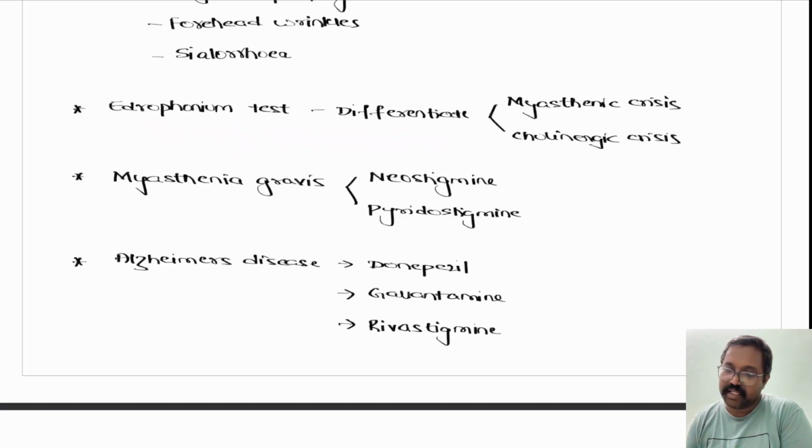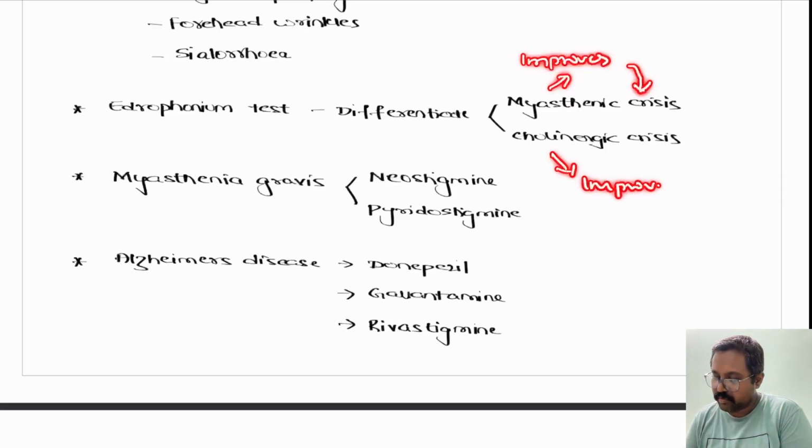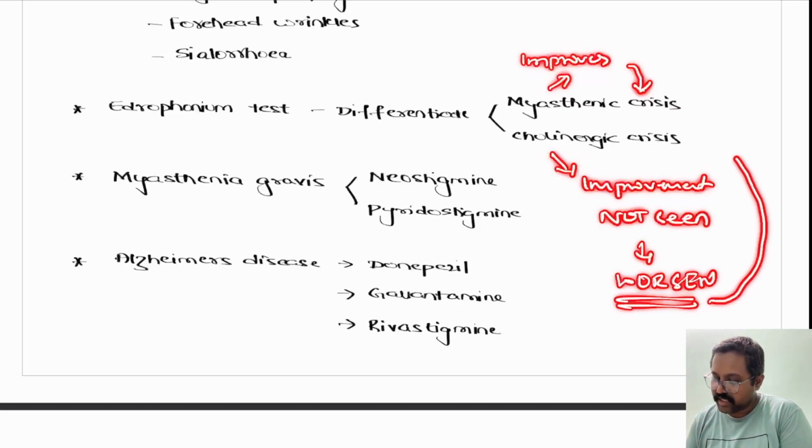If the muscle weakness improves, that is myasthenia gravis. If improvement is not seen, that means if there is a worsening of the muscle weakness, then it is due to cholinergic crisis, due to the excess of acetylcholine activity.